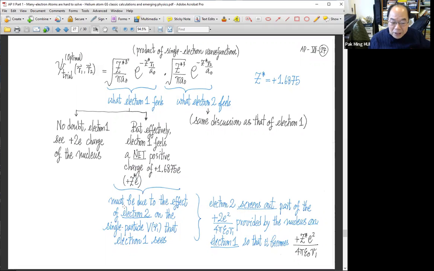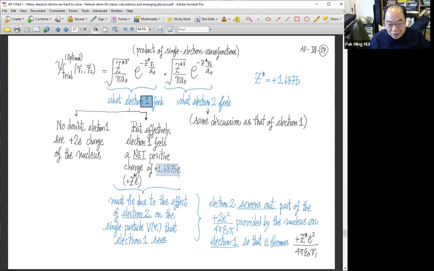So this must be due to some effect of electron number 2. Right? So in conclusion, what electron number 2 does to number 1 is to screen out part of the +2e charge of the nucleus, so that what electron number 1 sees is only part of that +2e charge.